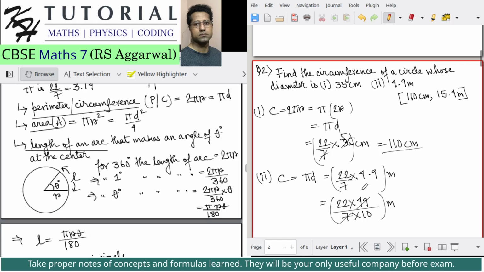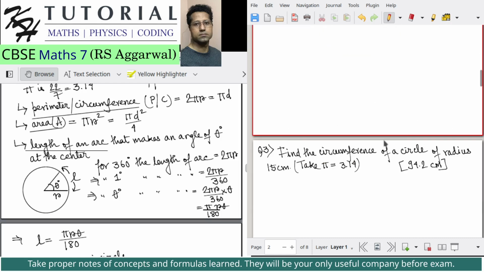After simplifying, this will be 154 by 10, which is 15.4 meter. Okay.